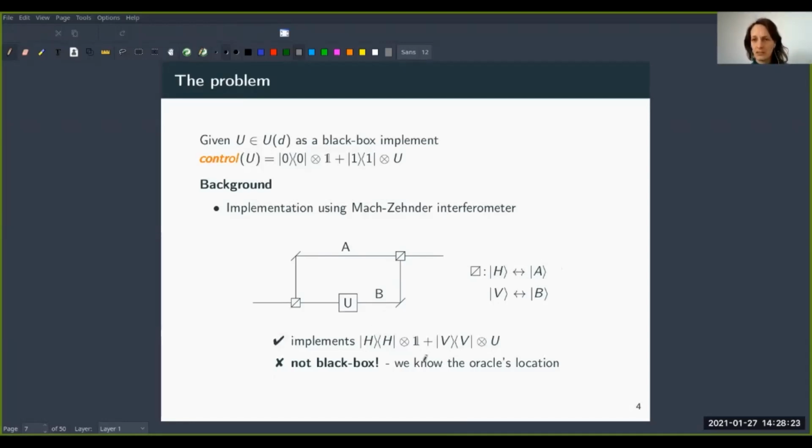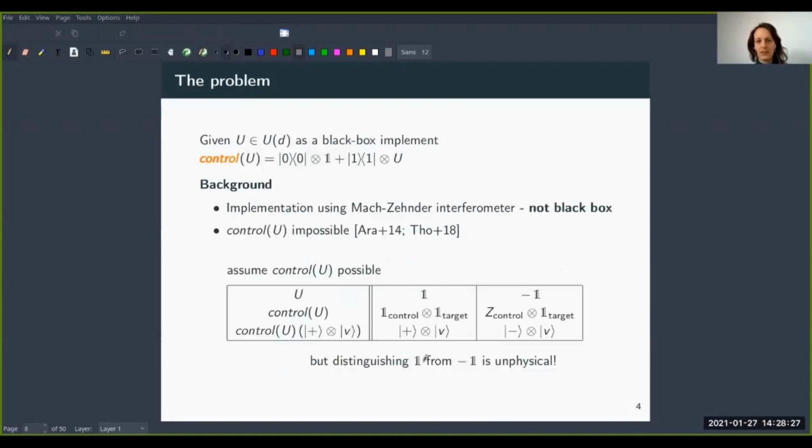Actually, implementing controlled U in a truly black box way is impossible. This was observed by Araujo and others, and Thompson and others, because assume that we can implement control U from U, then take for U either identity or the minus identity.